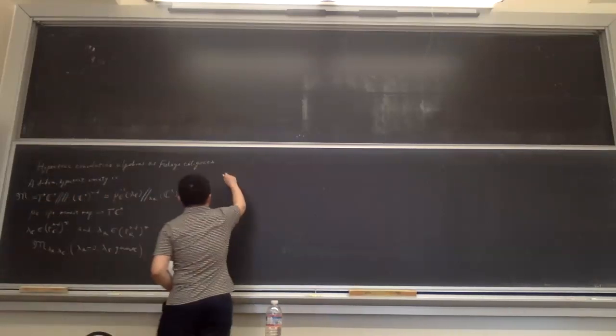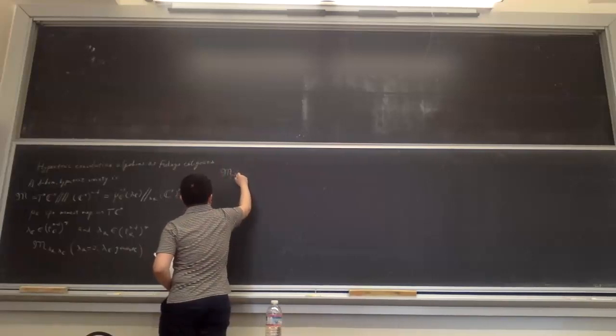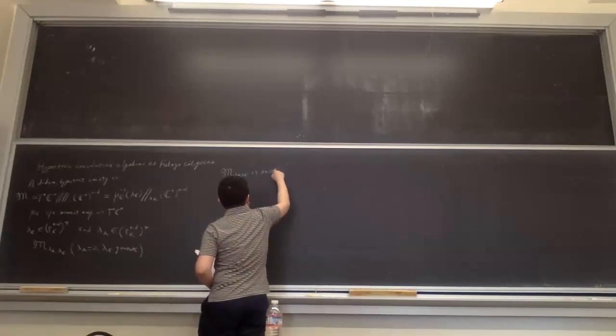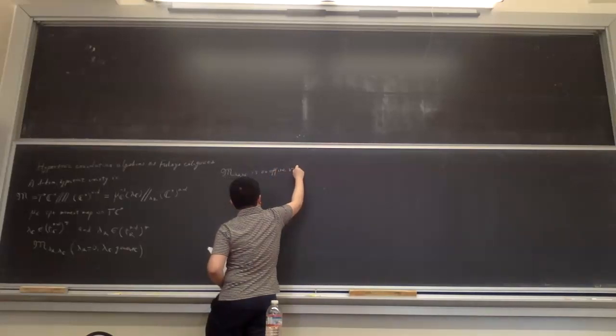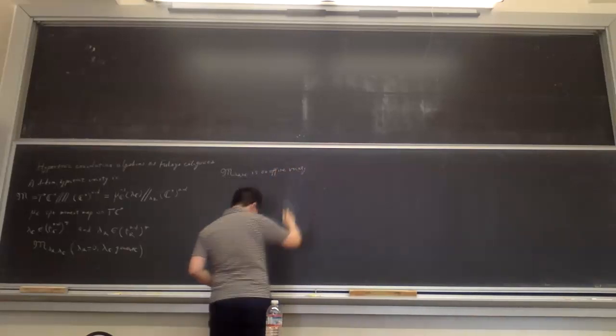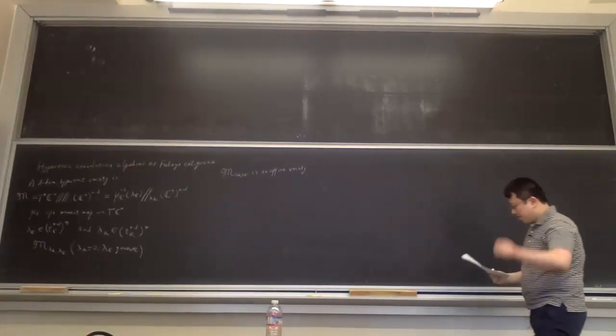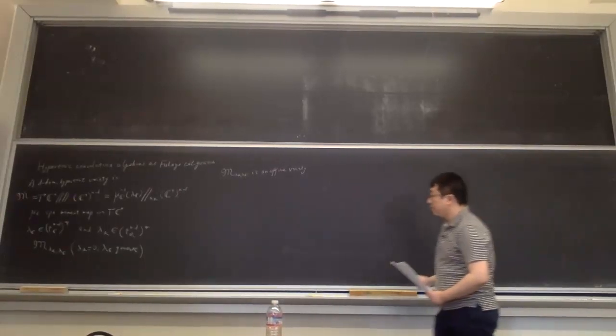So this will equip this hypertoric variety with the structure of an affine variety. So in particular, it cannot contain any complex submanifold.